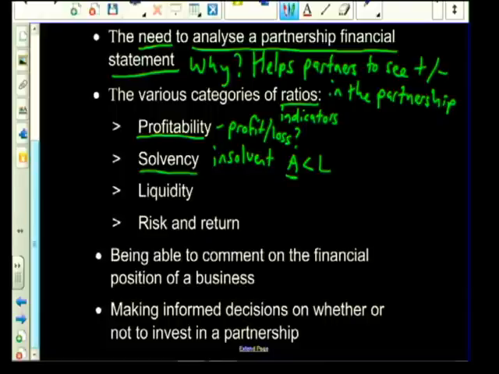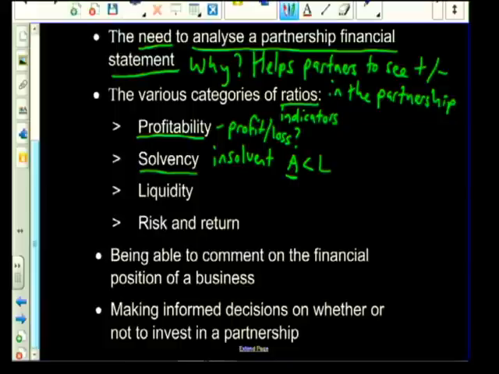So if you've got a negative owner's equity, if you owe more money than you actually have, then you are what is called insolvent, and then it is time to either close down or file for bankruptcy, or you could also try and get an investor to help you out of your financial mess. So that is really what solvency is. It determines whether the business is solvent or insolvent.